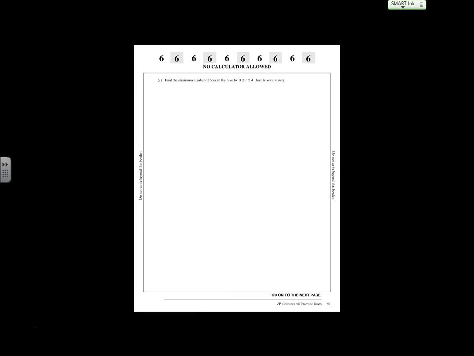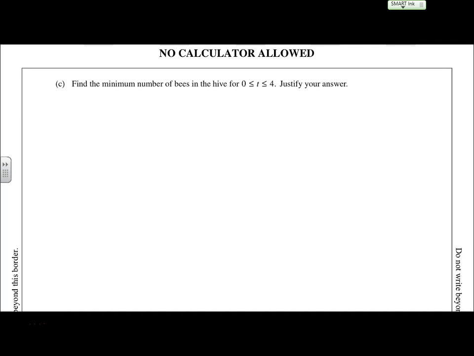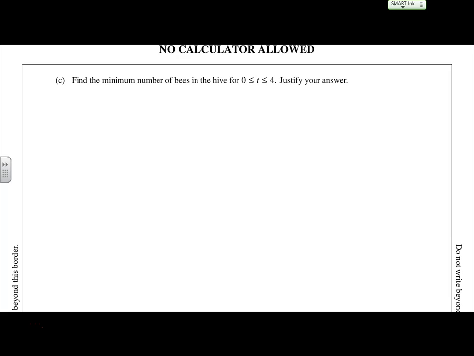The minimum number of bees in the hive. Yeah, so the function you have to get for the total number of bees is 35 plus the integral from 0 to 4 of E(t) minus L(t). And then you differentiate that to get the rate to make a sign chart. When you differentiate 35, it just goes away.